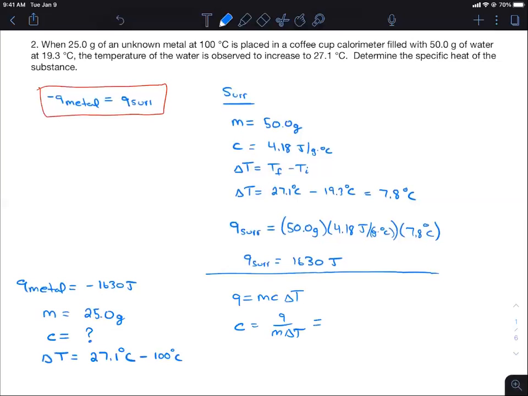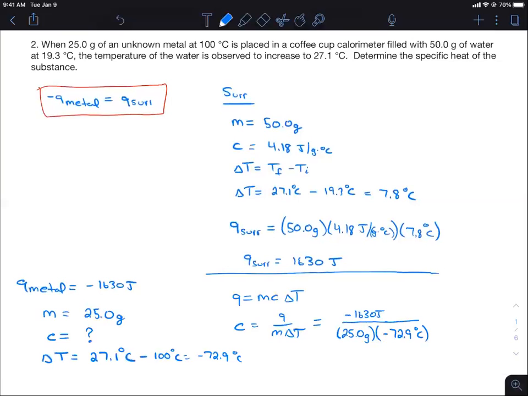We know Q is negative 1630 joules. We know m is 25.0 grams. And we know the change in temperature for this is, I don't think we calculated that, so let's go back and calculate that, negative 72.9 degrees Celsius.